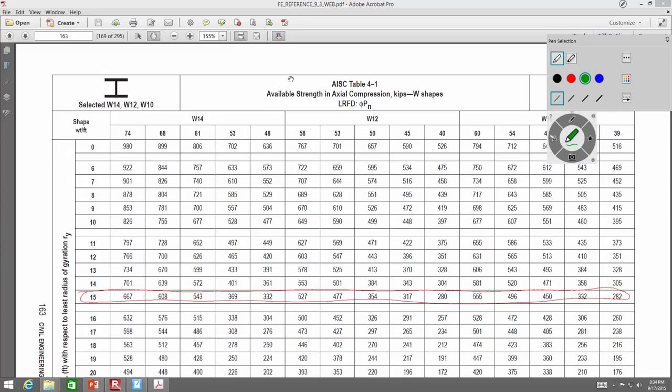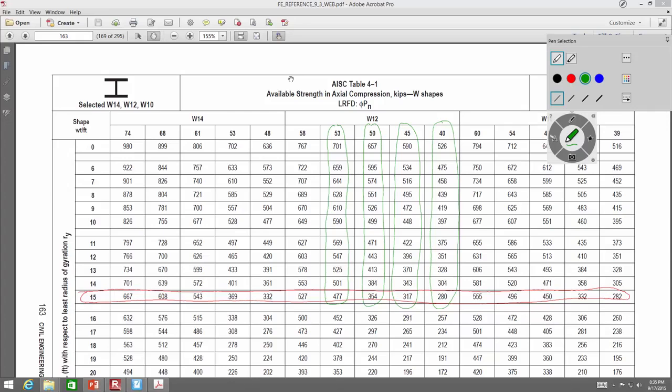A W12 by 53, 50, 45, and 50. So that's going to be this, that, that, and that one, right? Y'all see what I did? So I'm basically just finding the intersections there.